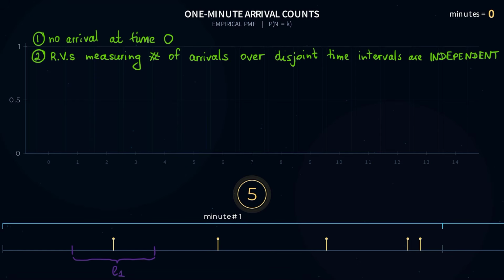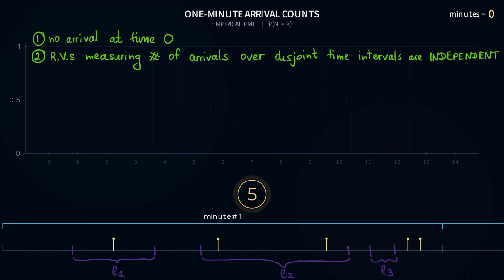And let's pick another, now we need disjoint time intervals, right? This second postulate works over disjoint intervals. So an interval L2, let's say there's another interval L3 here, and that should be enough. So we have disjoint time intervals.